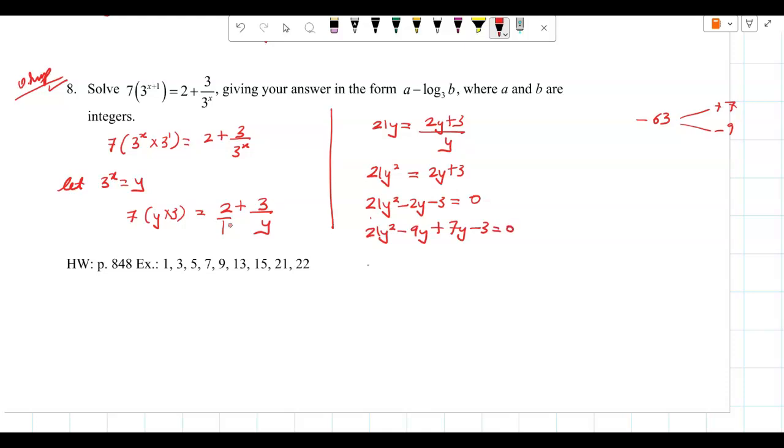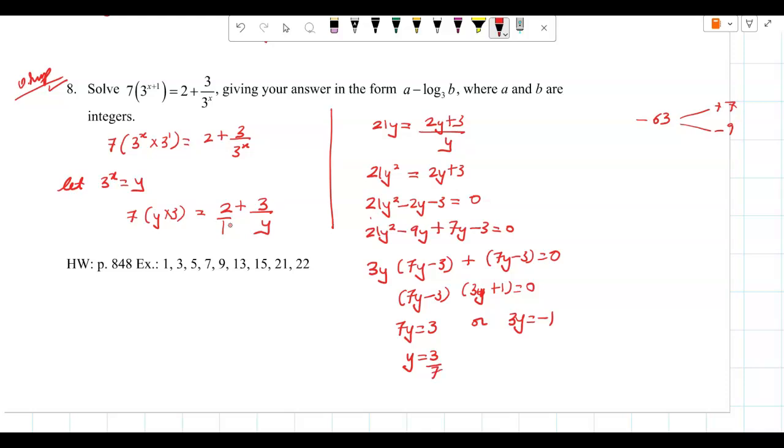You can take 3 common: 3y(7y minus 3) plus 1(7y minus 3) is equal to 0. So 7y minus 3 times 3y plus 1 is equal to 0. So 7y is equal to 3 or 3y is equal to minus 1. So y is equal to 3 over 7 or y is equal to minus 1/3.